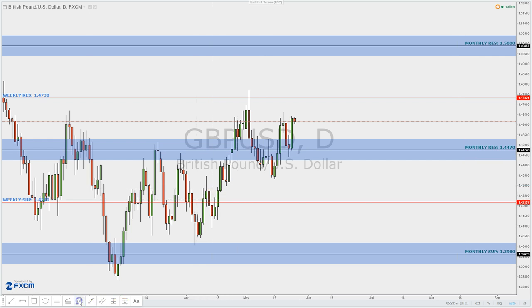I'll show you real quick the harmonic. Now, I'm not a pro at harmonics, but this was just something I saw, and I drew it out before this C point was even there. I was just expecting it to be somewhere around there, and then I was just waiting to see what point it terminated at.